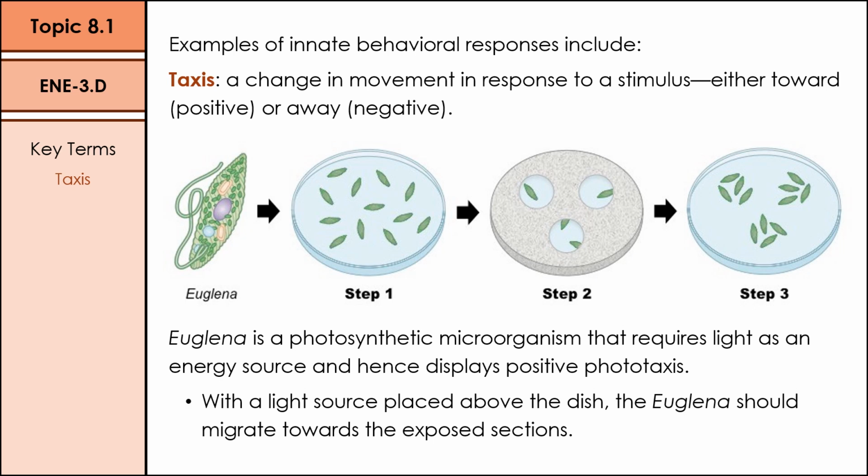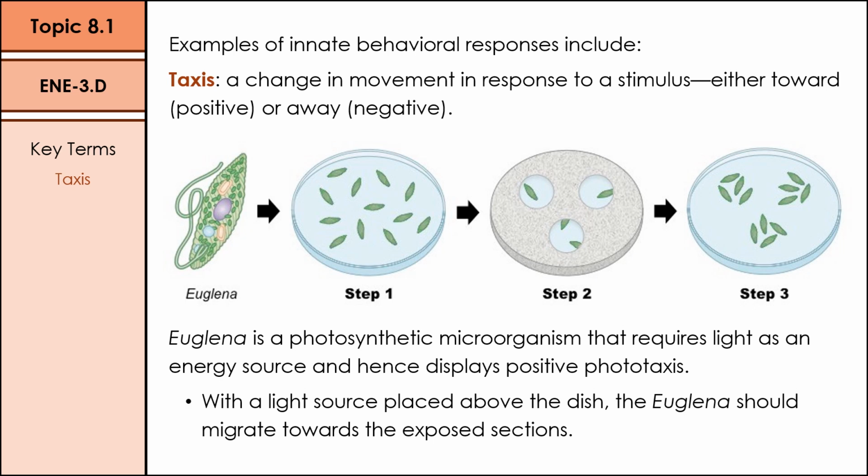So one of the most common ones that we'll hear is phototaxis. Phototaxis is a response of movement towards light. So for example, euglena, photosynthetic microorganisms, they require light as an energy source. They have chloroplasts. They are photosynthetic, meaning that when they detect light, they are going to move towards the light, a positive phototaxis.